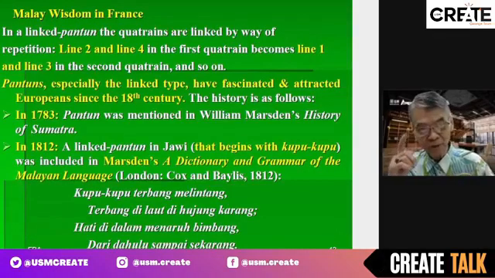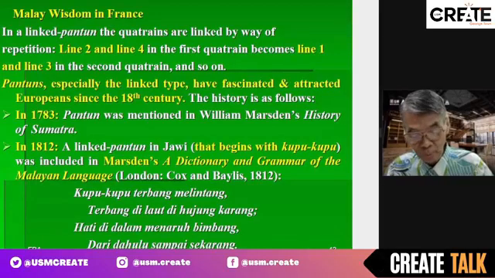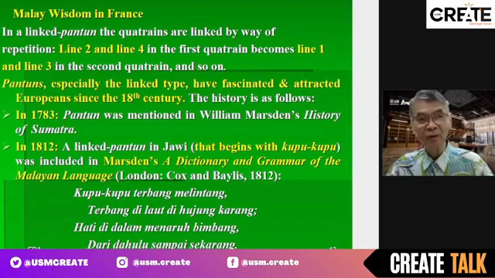It is the linked pantun that will take us to France, actually. In the linked pantun, the quatrains are linked by way of repetition. Line 2 and line 4 in the first quatrain become line 1 and line 3 in the second quatrain, and so on, so forth.